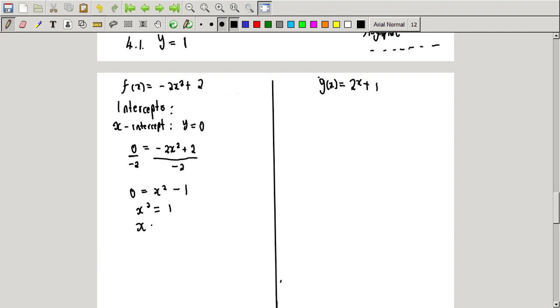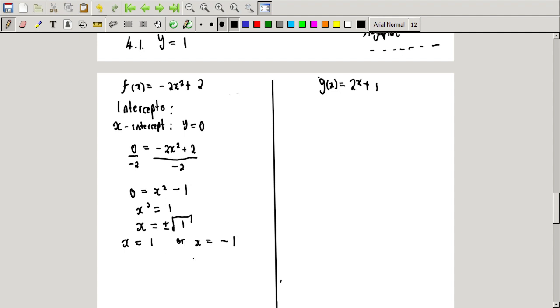So x is going to be equal to plus or minus the square root of 1. So x is equal to 1 or x is equal to -1. So these are the x-intercepts of f of x.